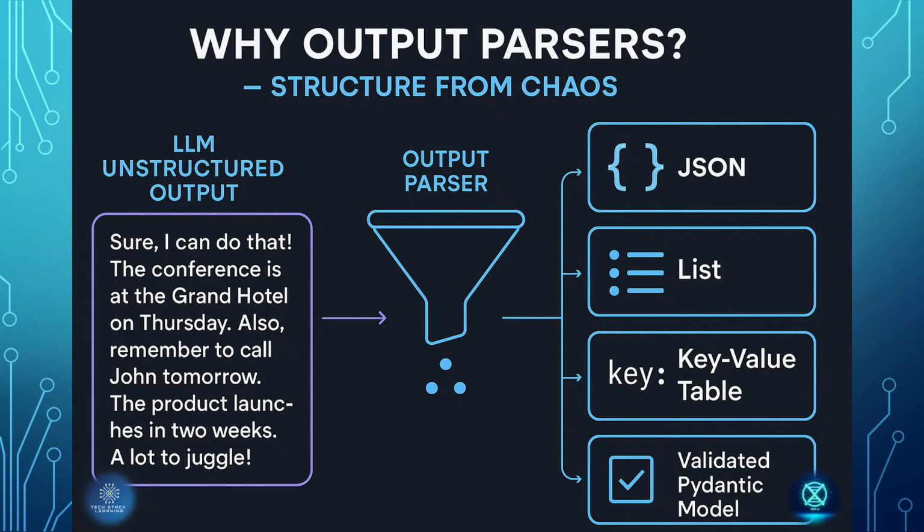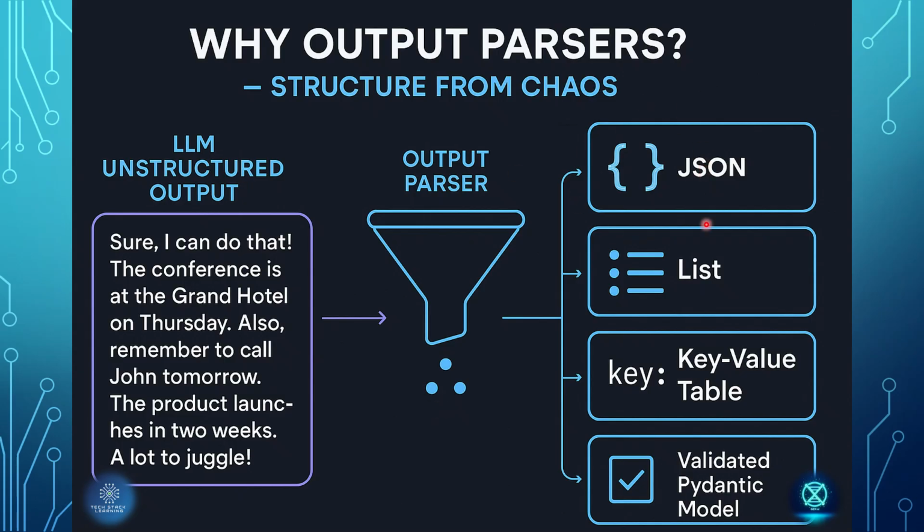So why output parser? An LLM usually returns unstructured language responses. Like if you see here, "Sure, I can do that. The conference is at the Grand Hotel, blah, blah." It's an unstructured response. For apps, we often need structured output.